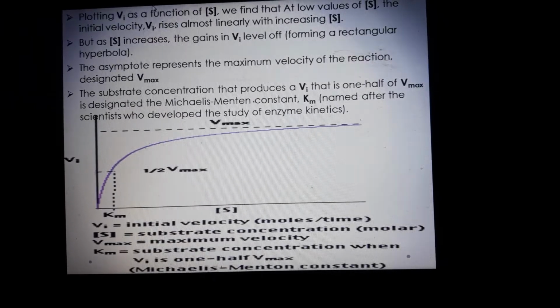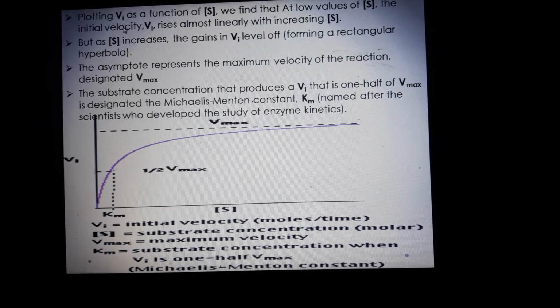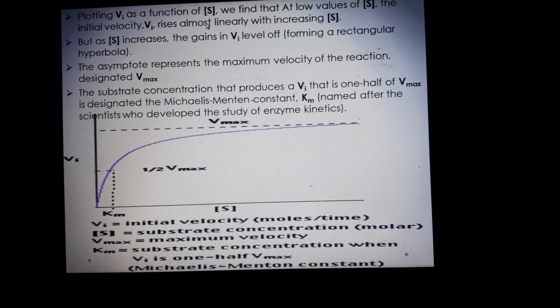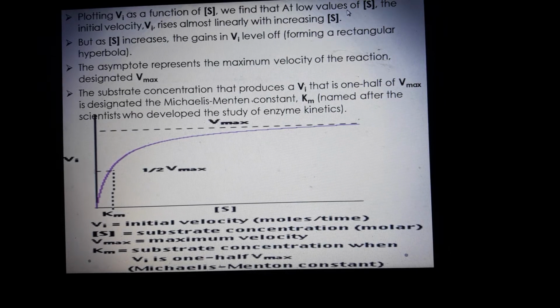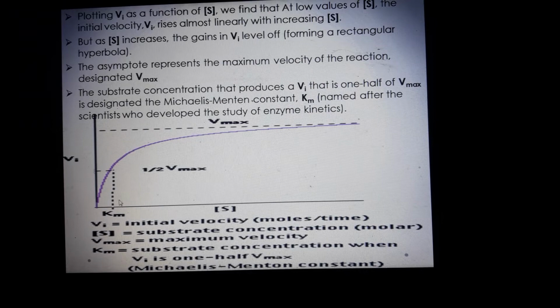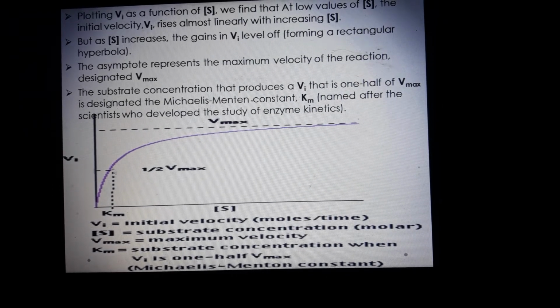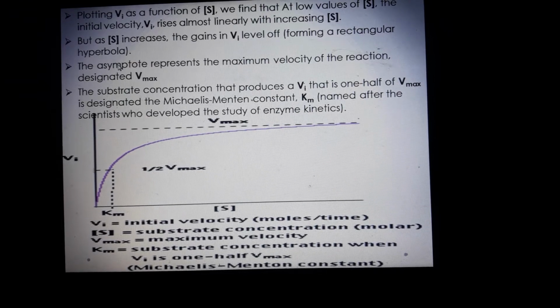So, for example, plotting Vi as a function of substrate, we find that at low values of S, okay, the initial velocity, or Vi, rises linearly with increasing substrate. So, if the substrate is increasing, the velocity also increases, correct?